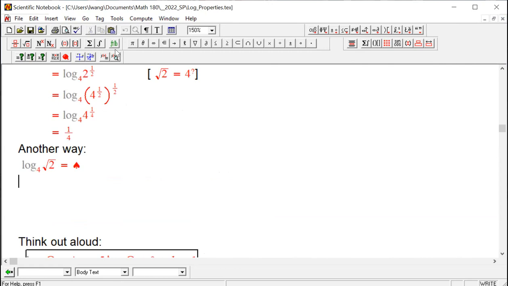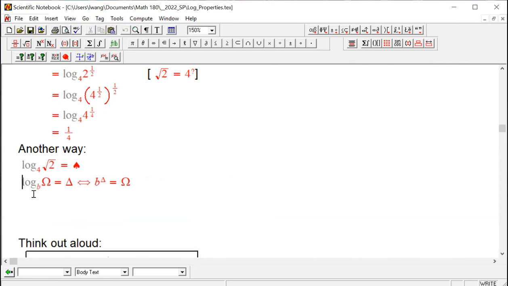It is very, very useful. Base 4, omega is square root of 2. And the triangle is something we don't know. So we use spade. Well, let's use triangle anyway. Let's make a minimal change.